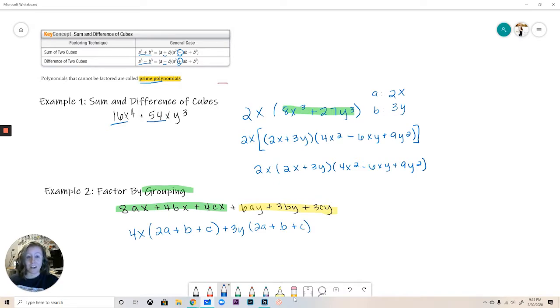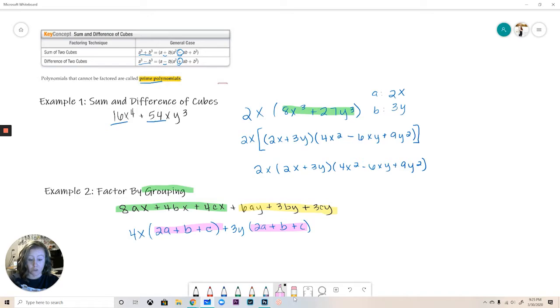And some of you right now might notice, hey, there's the same thing. I'm going to get some fancy colors going up in here. All right, so if you notice, 2a plus b plus c, 2a plus b plus c is now our new common factor. So I can, again, take that out of both terms. We still have 2 terms.